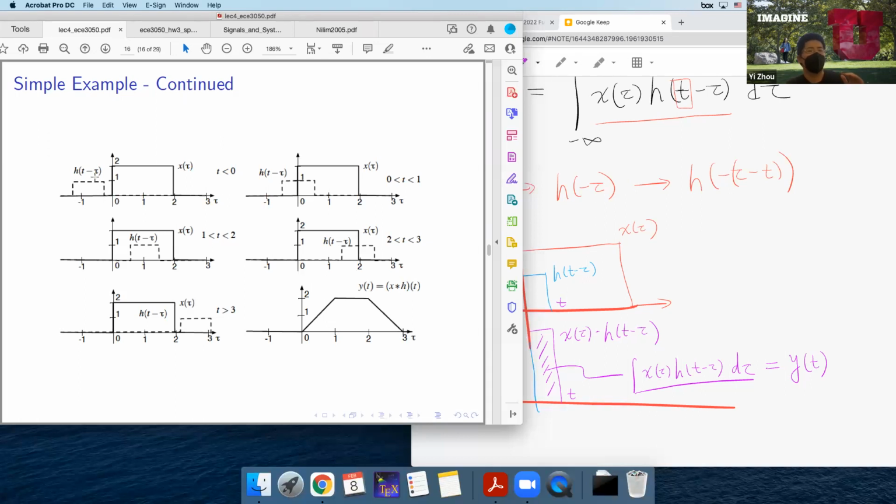So we are looking at y of t at a negative t. In that case, this smaller rectangle h of t minus tau is shifted to the left, and these two rectangles do not touch each other. So they have no overlapping area. So in this case, the convolution value is simply 0.